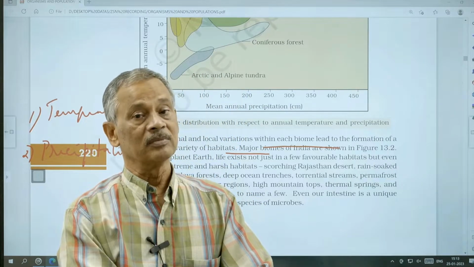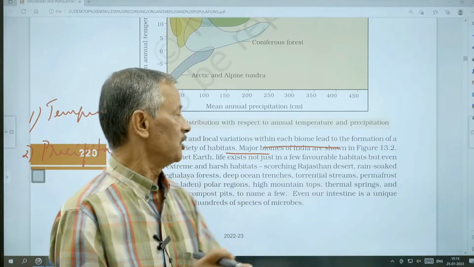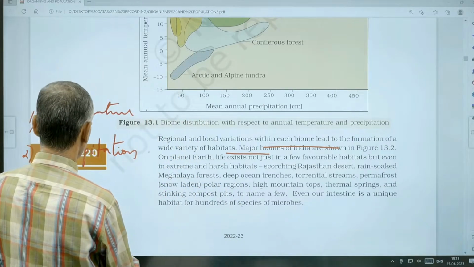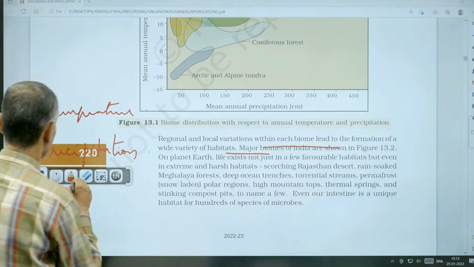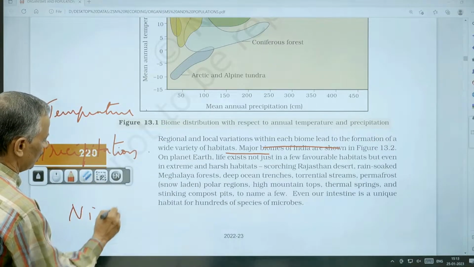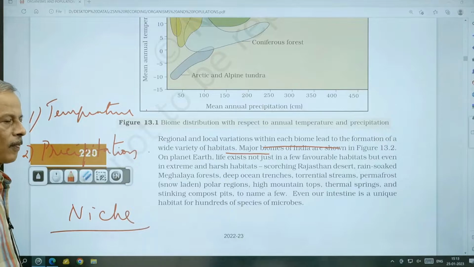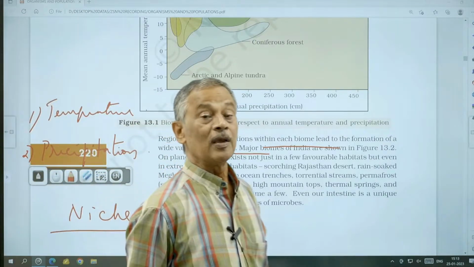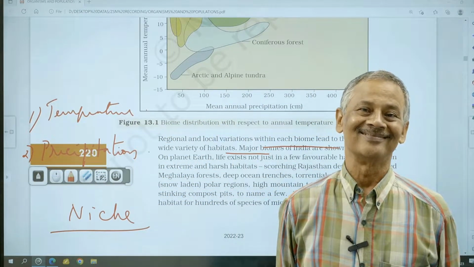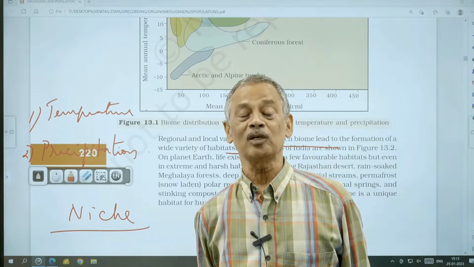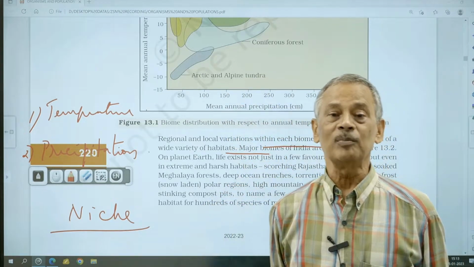Another term connected to this is niche. What is niche? Niche is the profession. If habitat can be compared to the address, niche can be the profession.